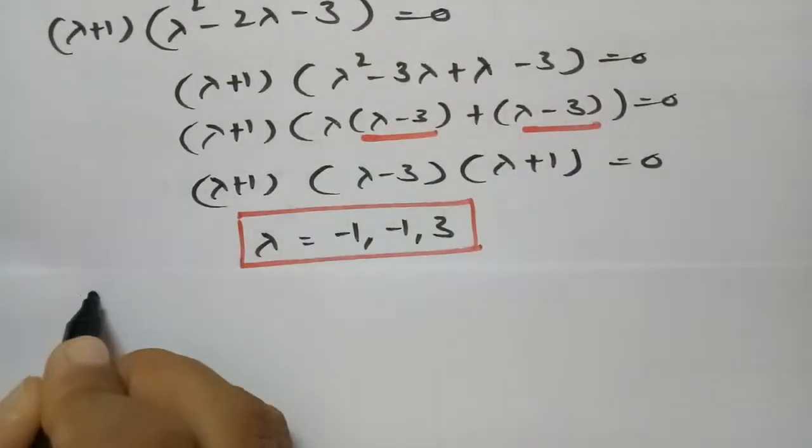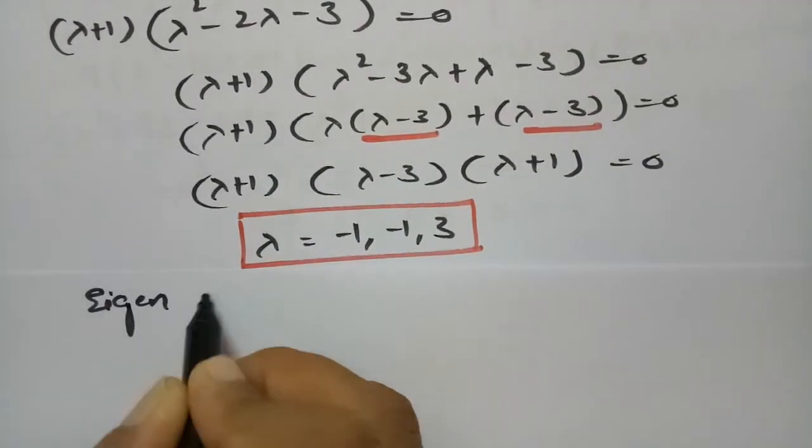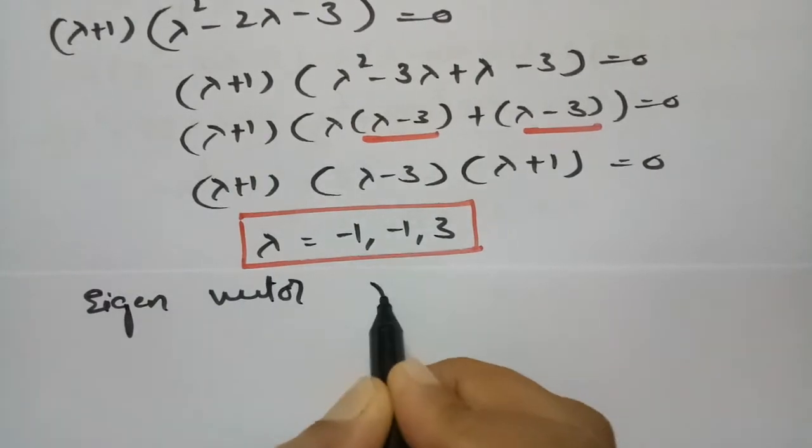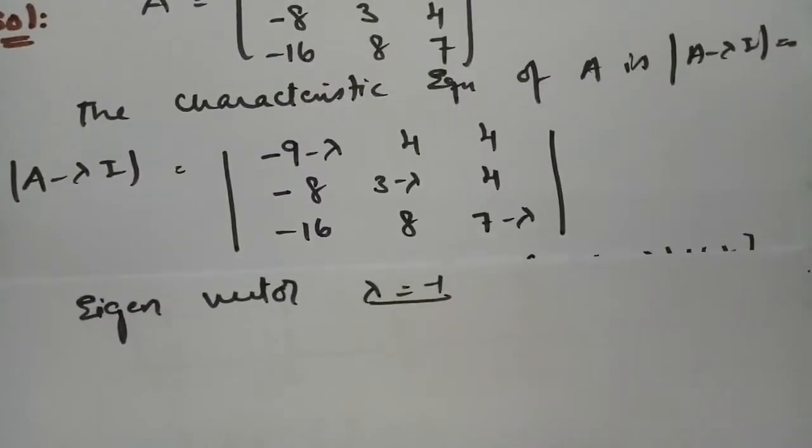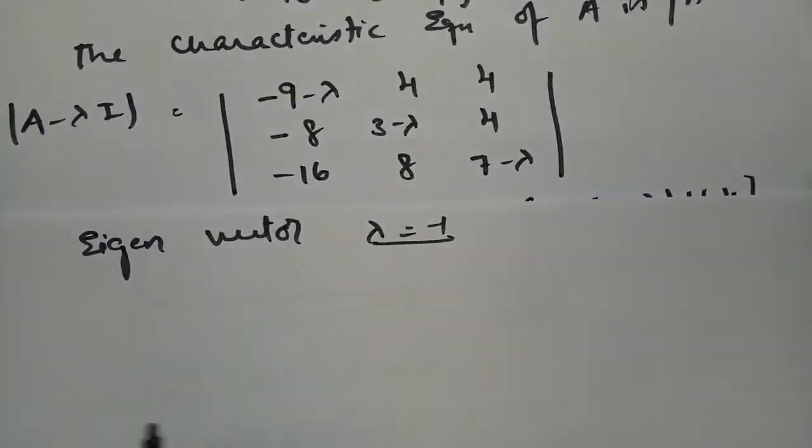So in order to find the eigenvectors corresponding to lambda equal to minus 1, in place of lambda in this determinant we have to keep lambda equal to minus 1.